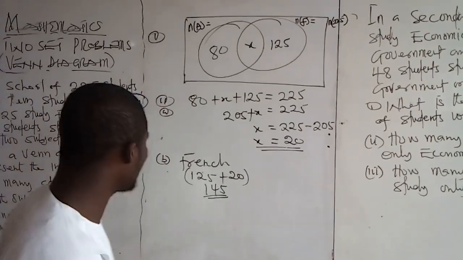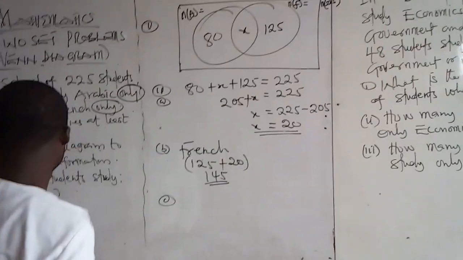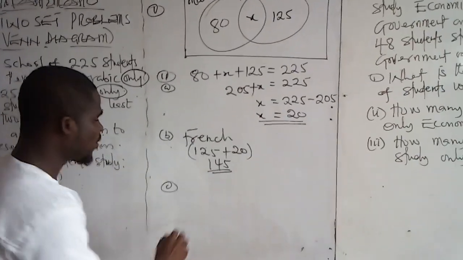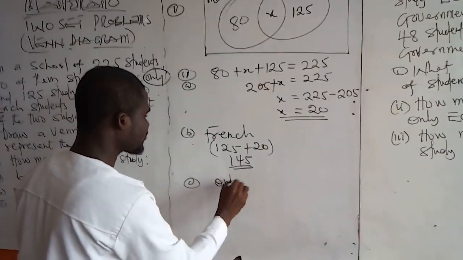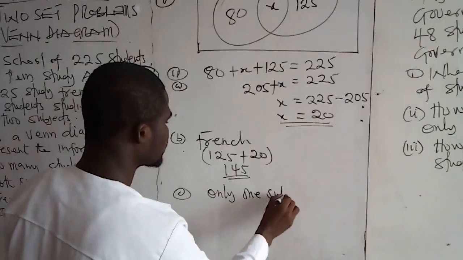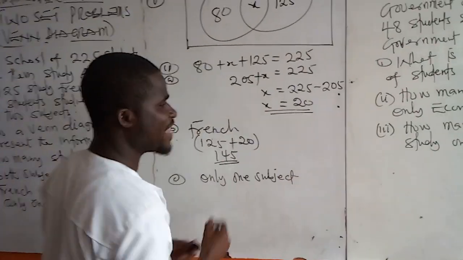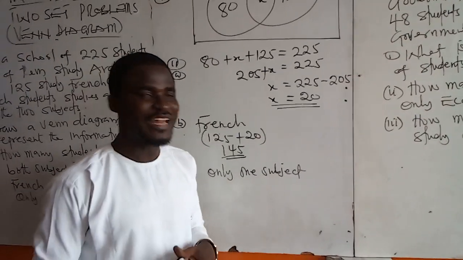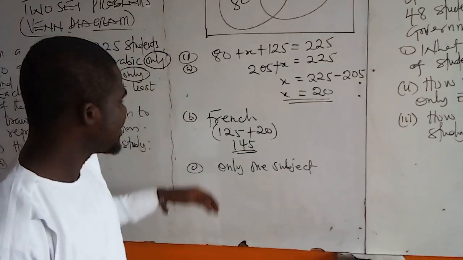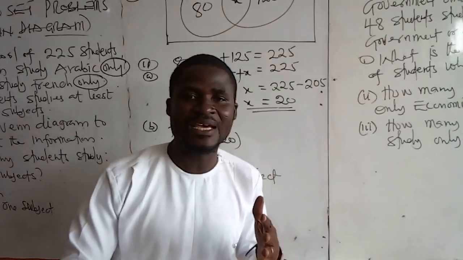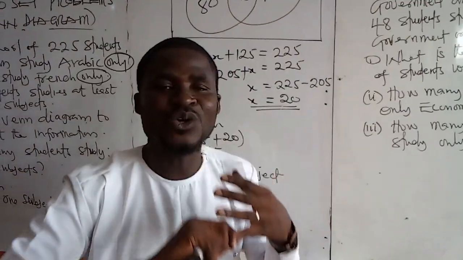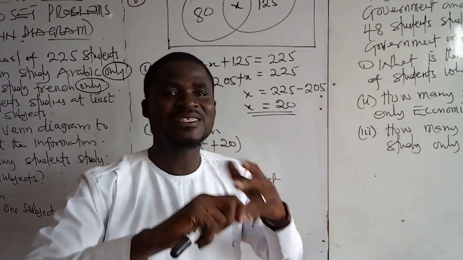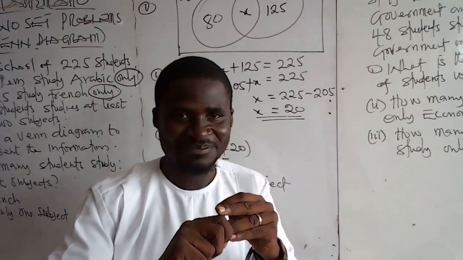Good. Let's go to the C. The C says only one subject. How will you solve only one subject? Good. Now, to get only one subject, you add French only plus Arabic only.